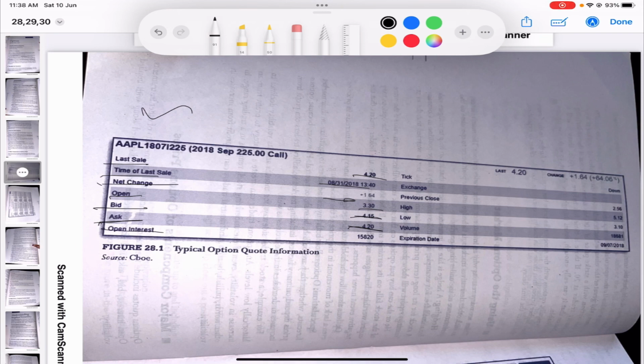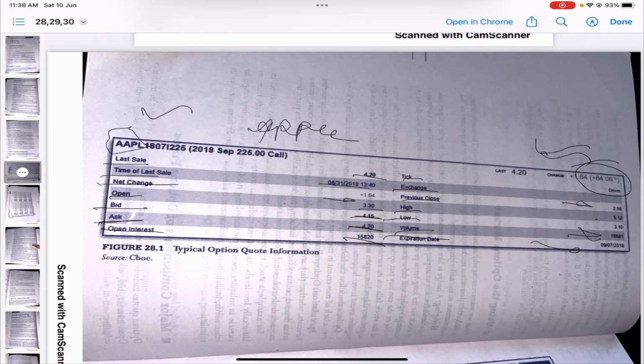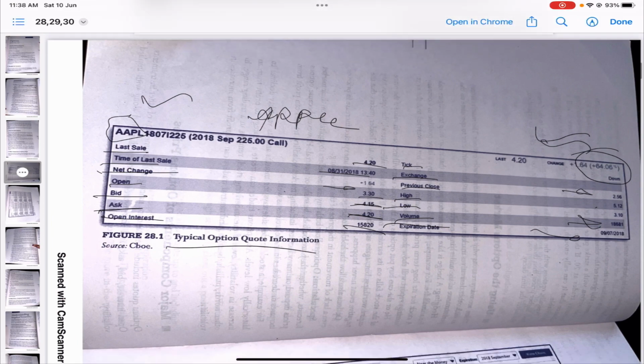Open interest, we know what open interest is also. Tick, exchange, previous close, yesterday's close, high, low, what is the volume, when does it expire, and this is the change. This is my Apple. So these are the various things which are basically given in the option quote.